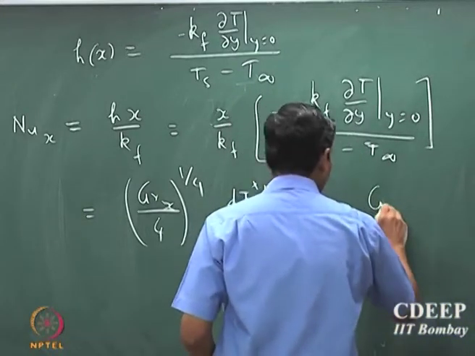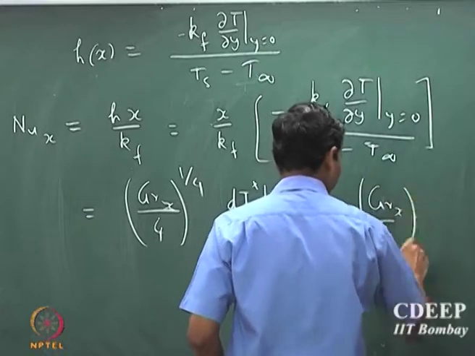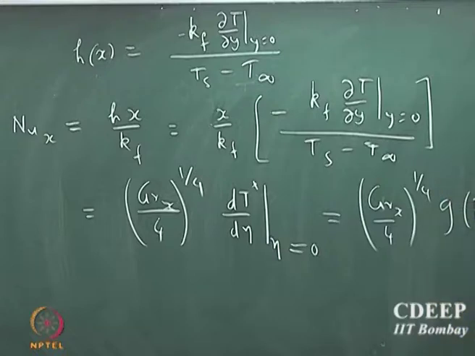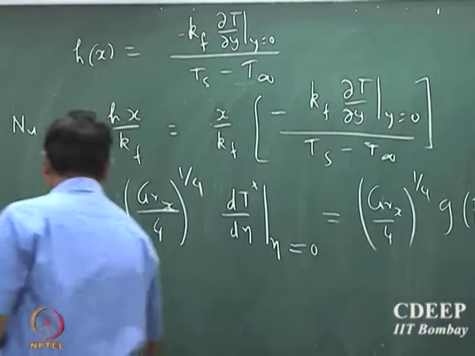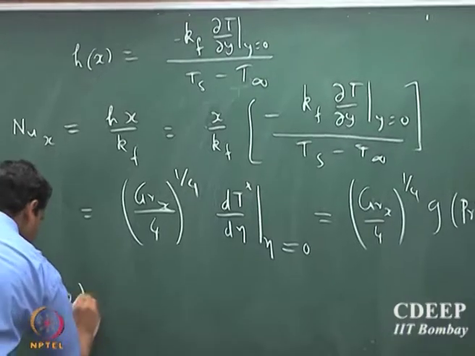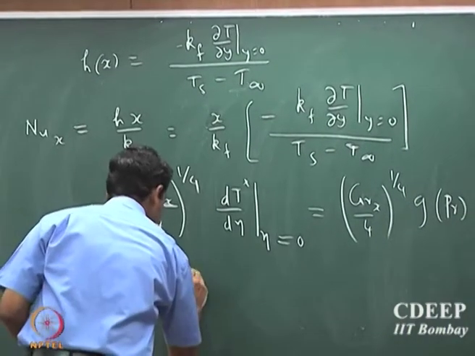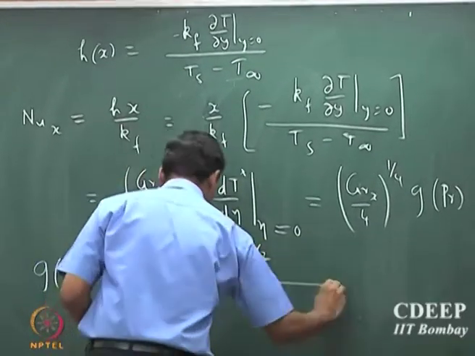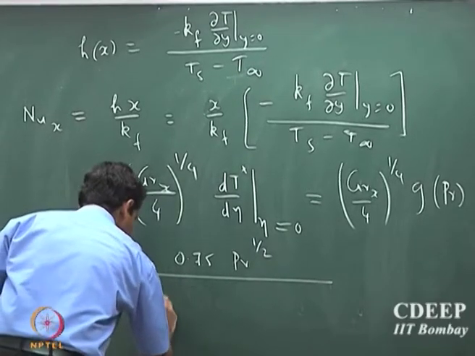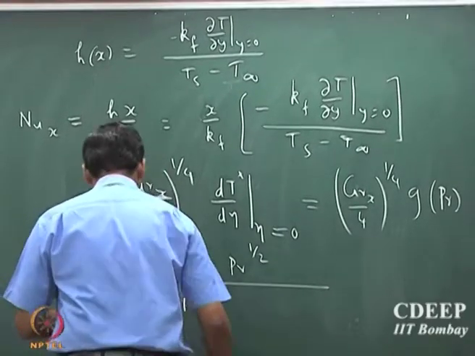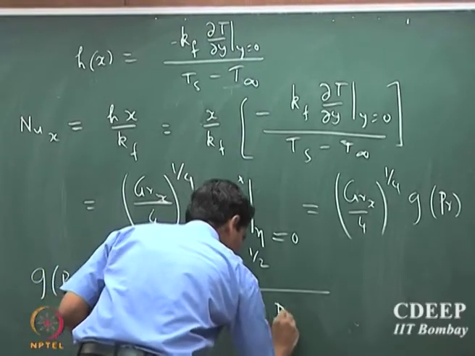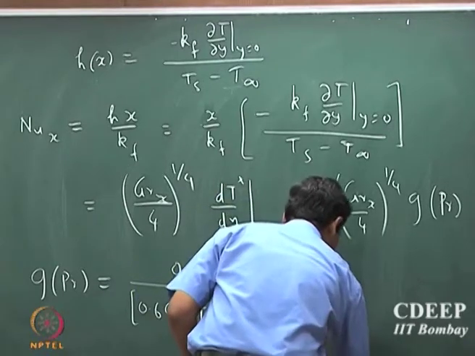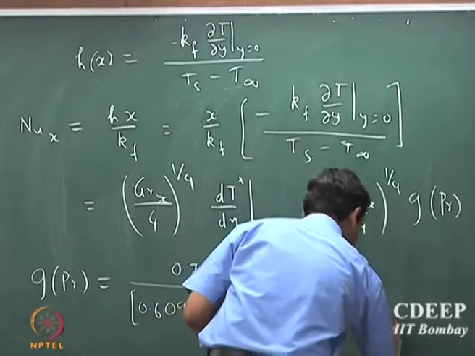And it turns out that it is a function of Prandtl number, and so that will be 0.75 into Prandtl to the power of half divided by 0.609 plus 1.221 Prandtl number to the power of half plus 1.238 Prandtl number.